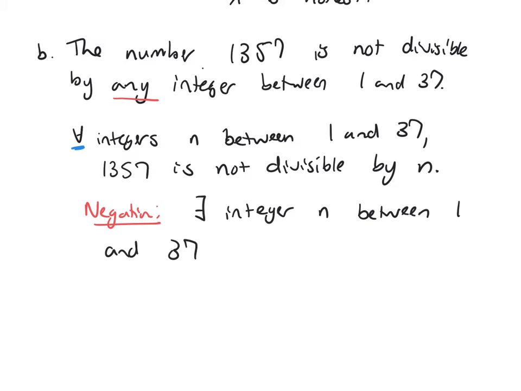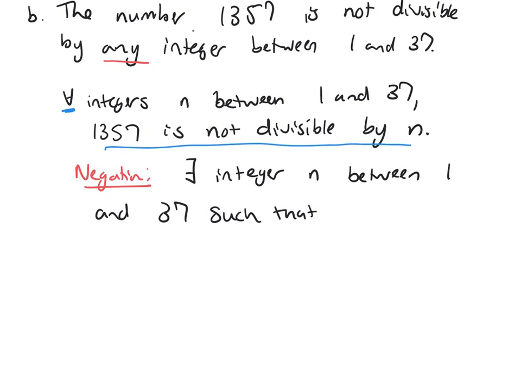Because we used existential, we say such that. And then you need to negate this second part here, so it would become 1357 is divisible by n.